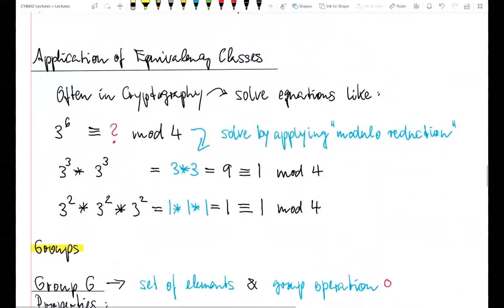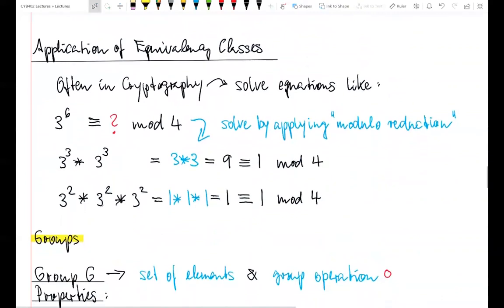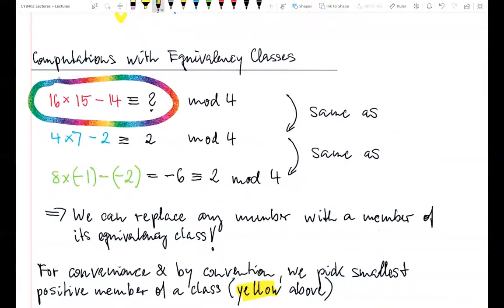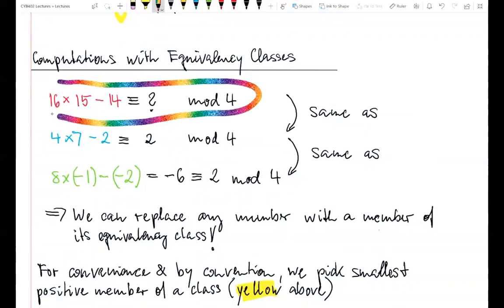Okay. So in a broader scheme, to expand upon what we just said here, computing the result of expressions like that, or I should always include the modulo.